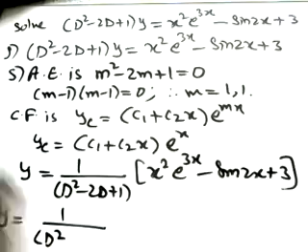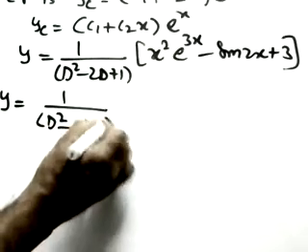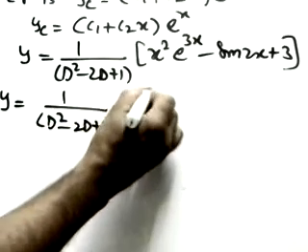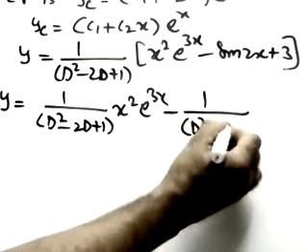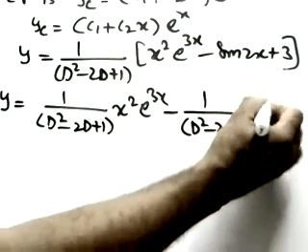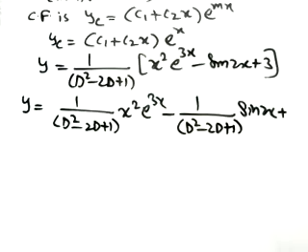We can write like this: 1 divided by D square minus 2D plus 1 into x square e power 3x, minus 1 divided by D square minus 2D plus 1 into sin 2x, plus one more step we have to write.